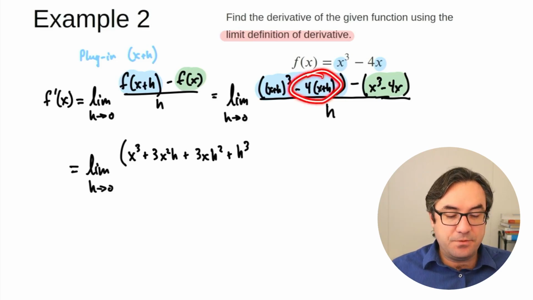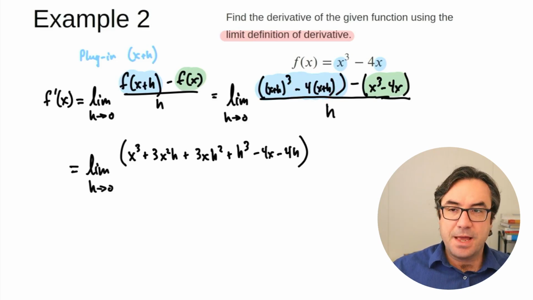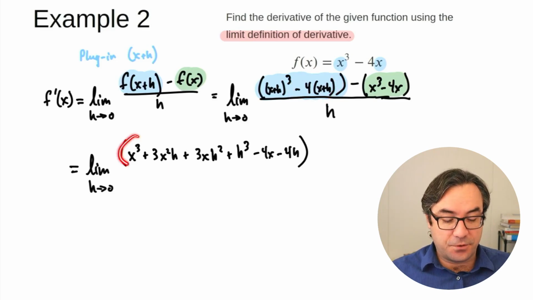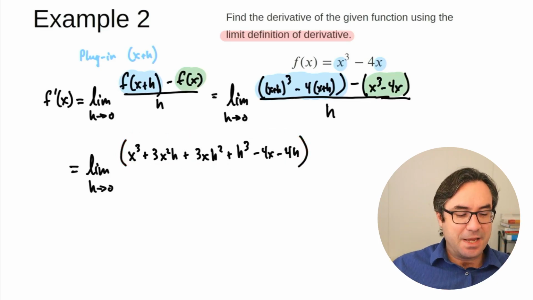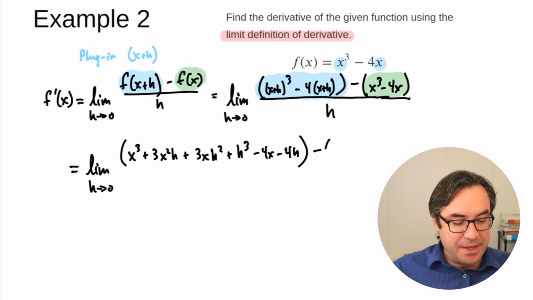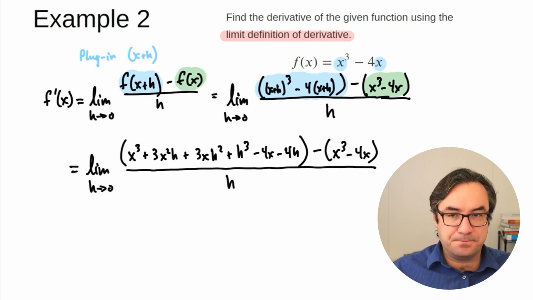And then let's distribute that -4, so we'll have a -4x minus 4h. That's it for this first term. And again, it helps to have the parentheses. There's really nothing to do in that second term, so let's just write that again. And this is all over h.